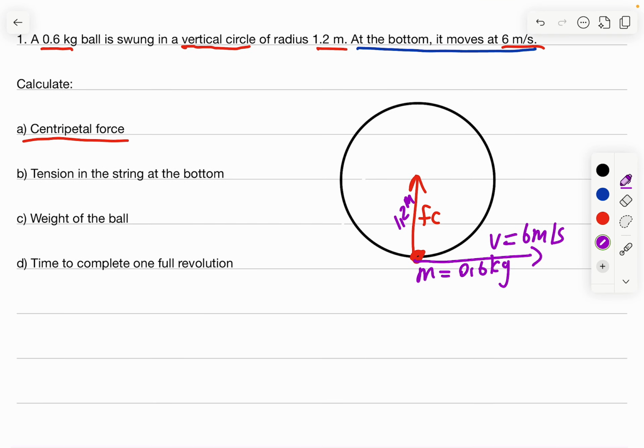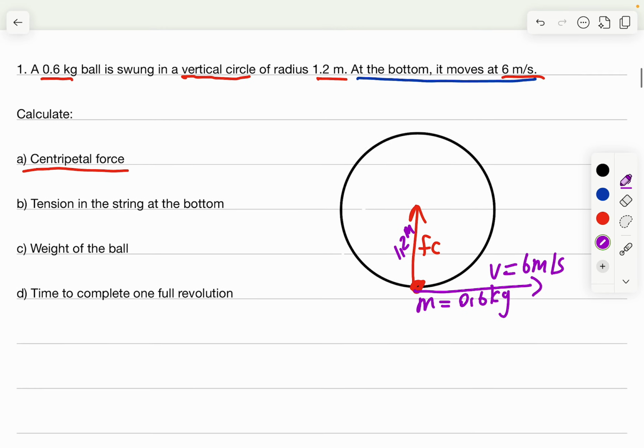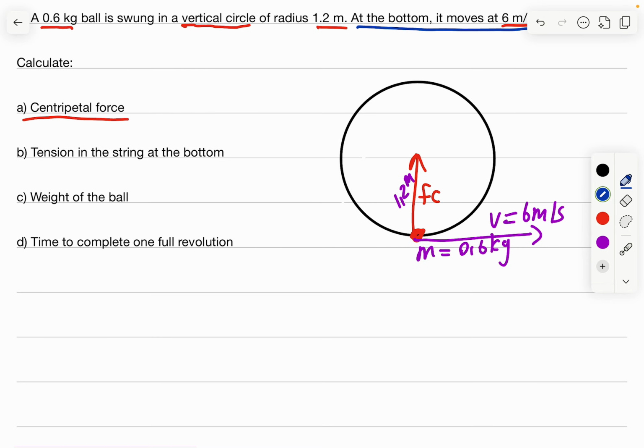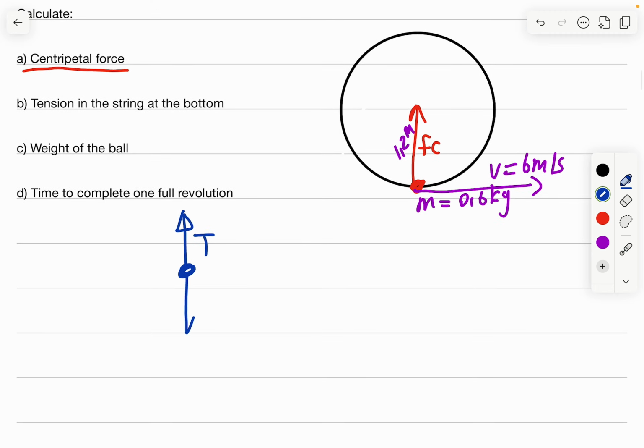We know as long as that thing is moving, it has a tension force. So let's draw a free body diagram first. This is our free body diagram. This is our tension, and that's our FG.